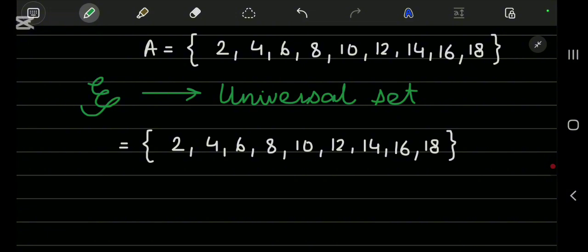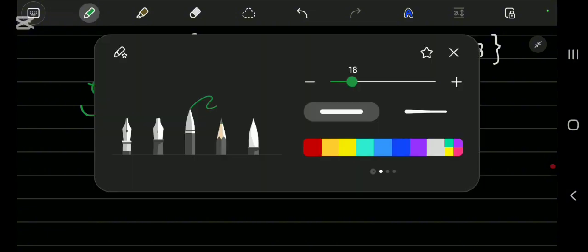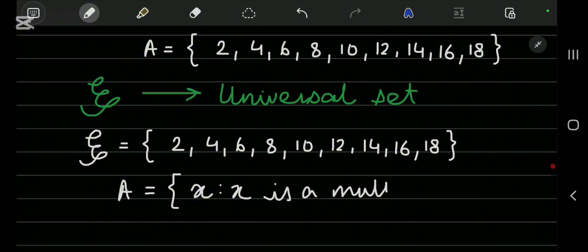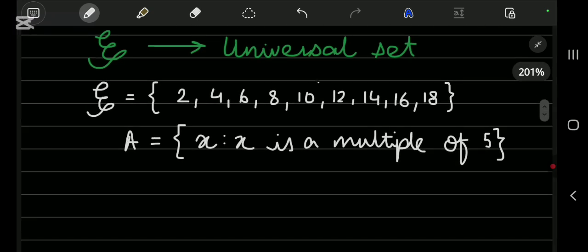If this universal set is given, and they say that inside this universal set there is a set A, which is x such that x is a multiple of 5, you are going to look whether there is a 10 inside.